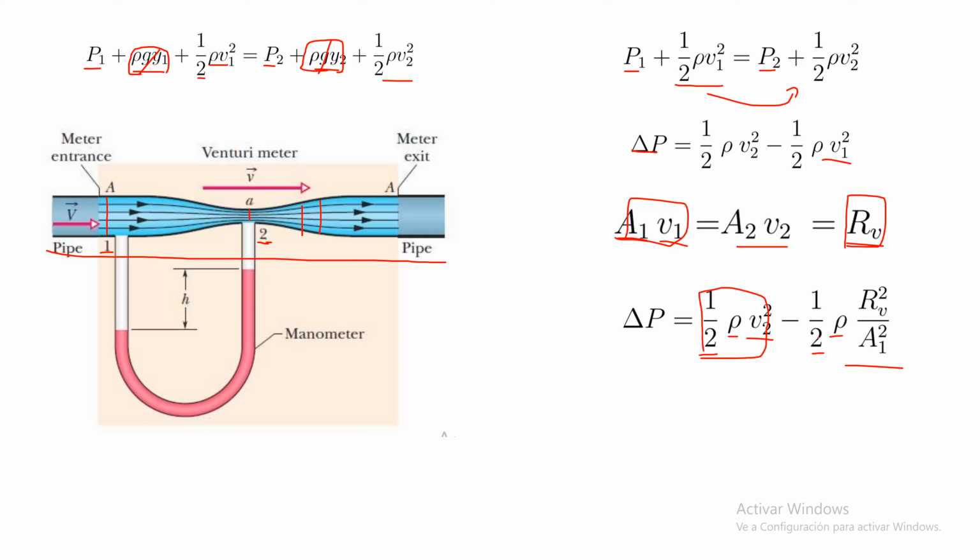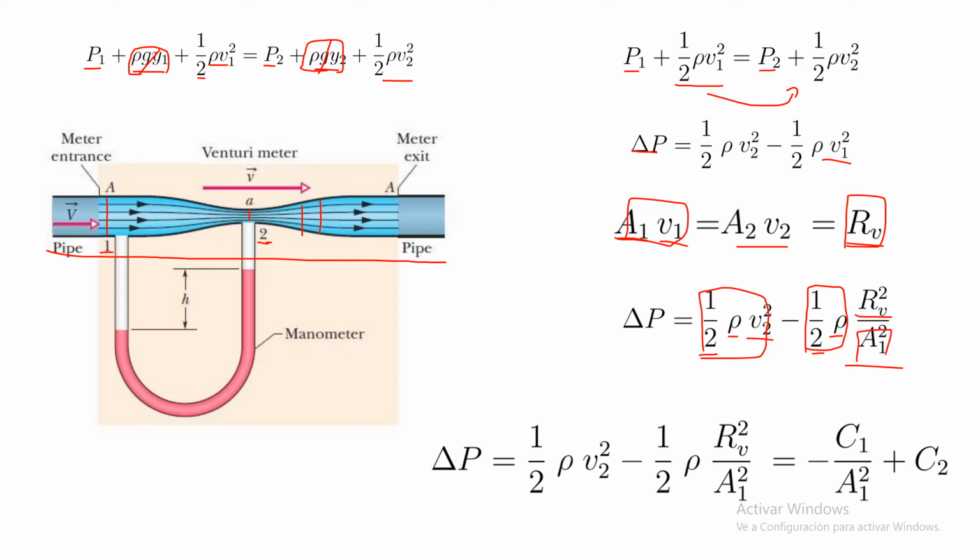And for the second part, both this and this are constant as previously. And as you remember, the flow rate is also constant at any point. So the only variable right here, if we want to calculate another point using point 2 as reference for the change of pressure, is just this area 1 right here.